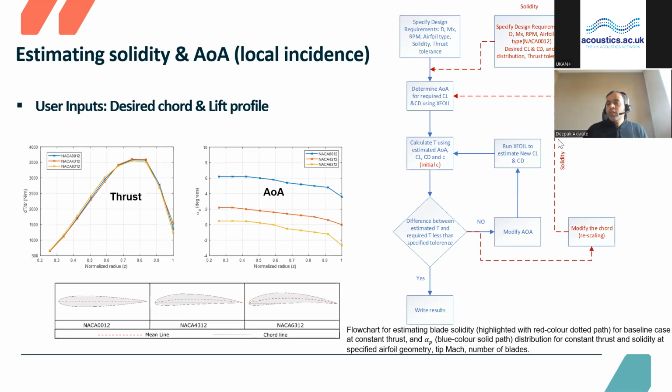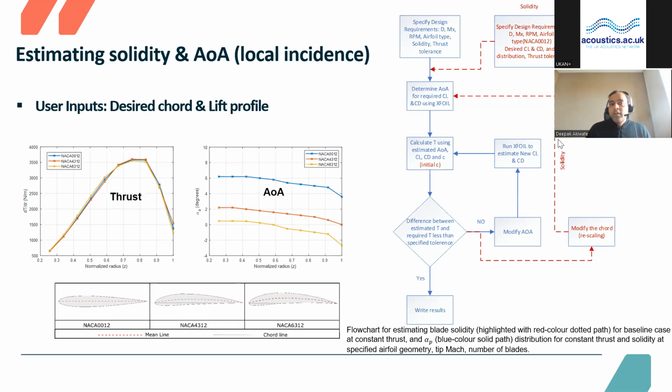Once we know the blade solidity and the required thrust, the user can provide an airfoil type, maybe symmetric or cambered. You can provide anything, but as an example I have provided three different types of airfoil: one symmetric NACA airfoil, and two cambered airfoils, NACA 4312 and NACA 6312.